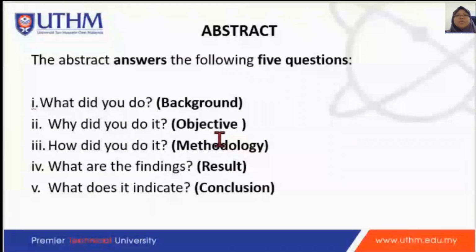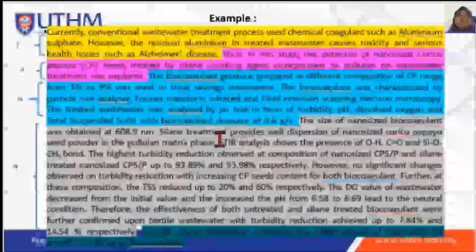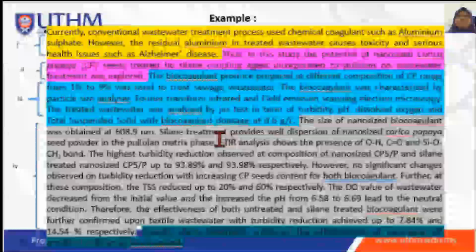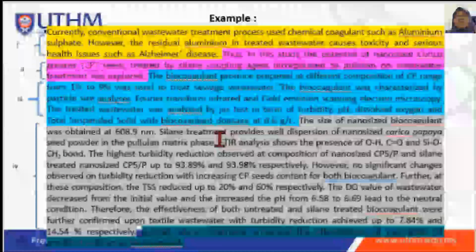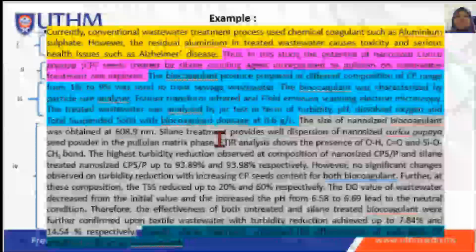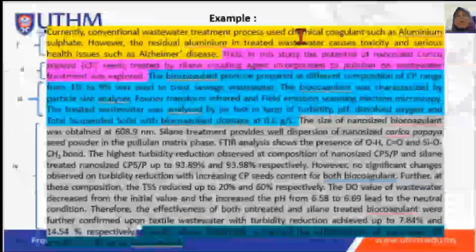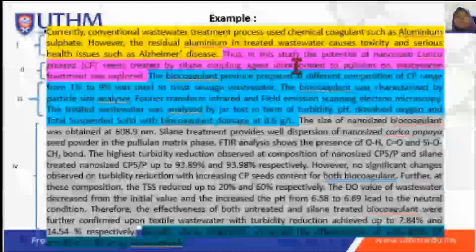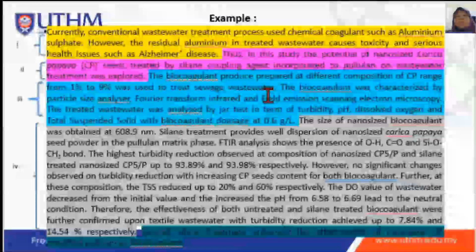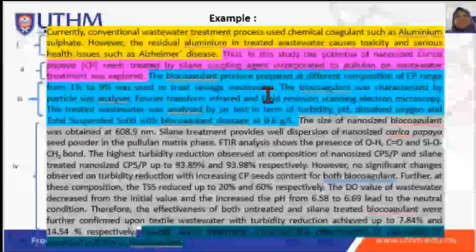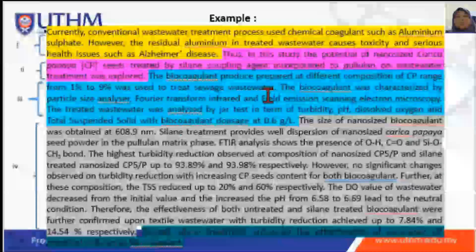Here is an example of an abstract in a thesis. It begins with a summary of background, followed by a summary of objectives, and then a summary of methodology, then a summary of results, and finally it ends with a summary of conclusion.